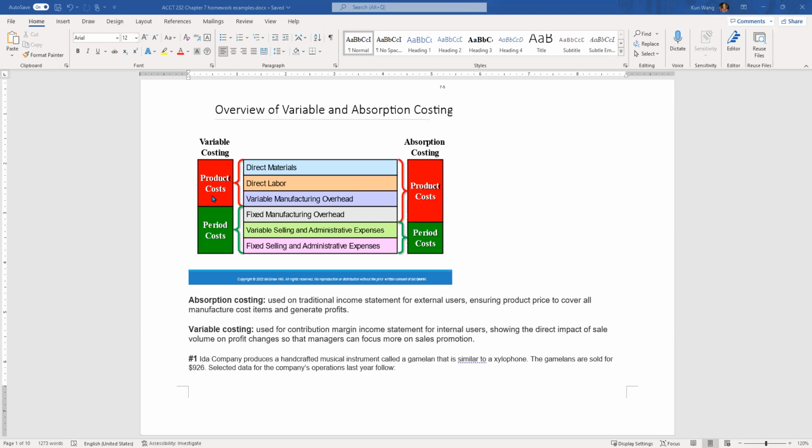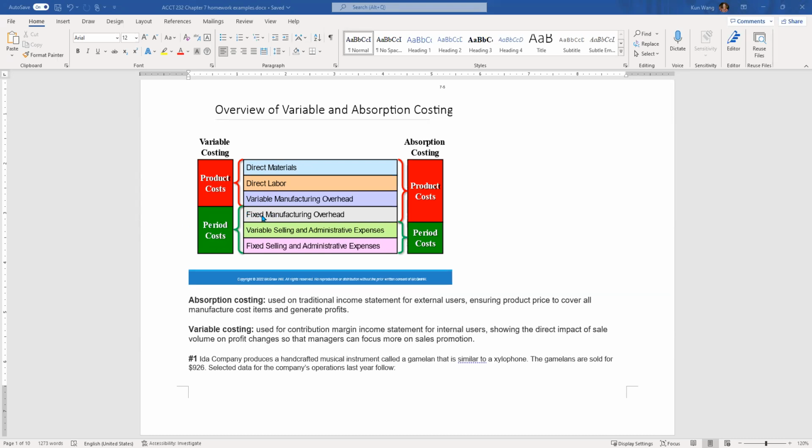Under this framework, when we prepare the cost of goods sold, you only include the variable manufacture cost: direct material, direct labor, and variable manufacture overhead. The important difference is you exclude all of the fixed manufacture overhead and treat it as a period cost.